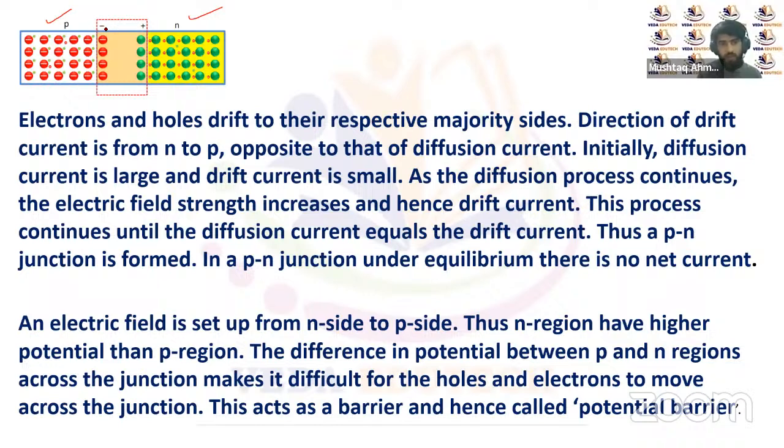That's the reason we give it a negative charge here. So this comes at a lower potential, or we can say negative, and the N side comes at the higher potential. This region we call the depletion region. This is the region where the barrier of the electric field is set. This is the depletion region, right?